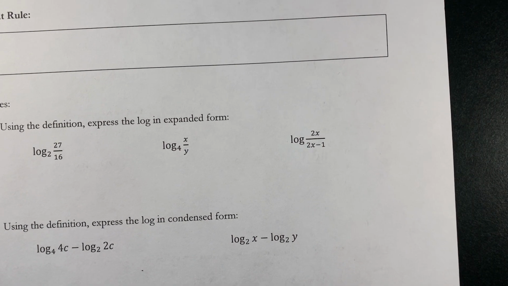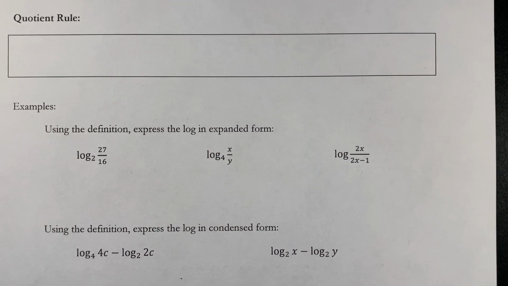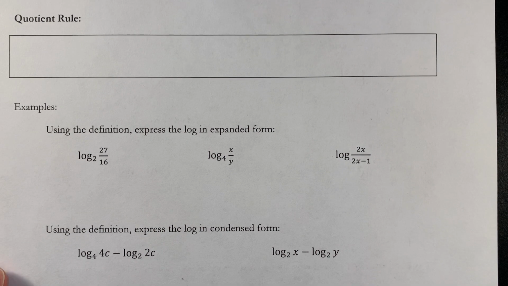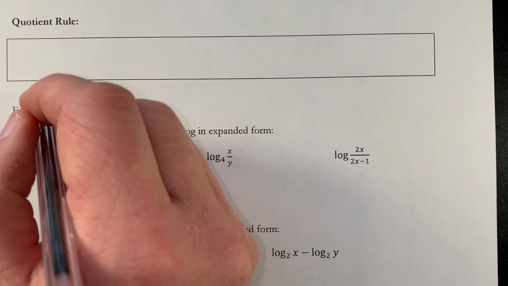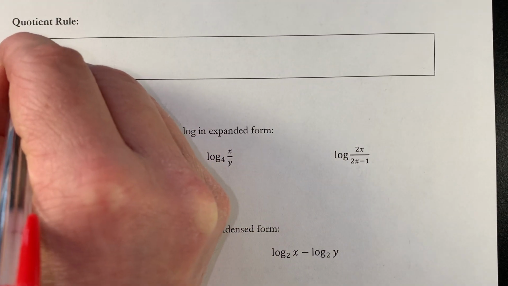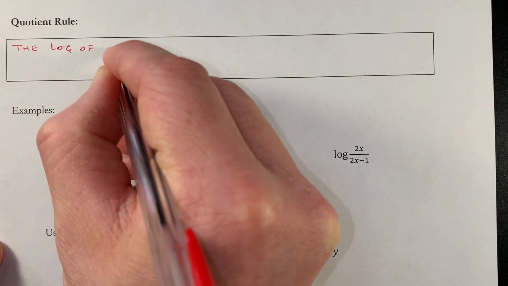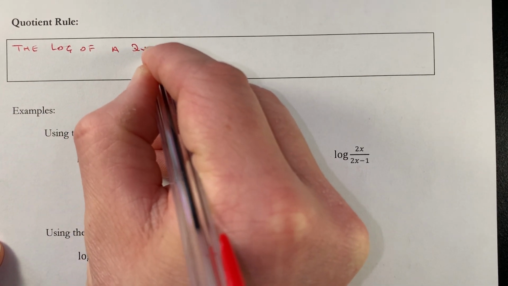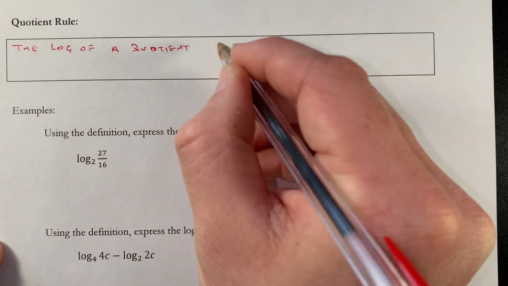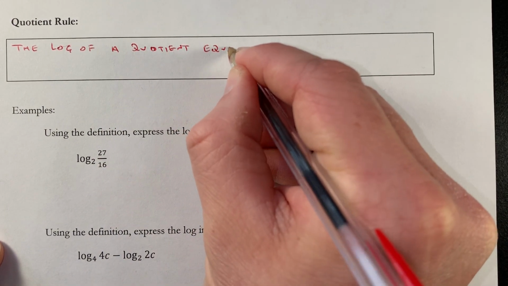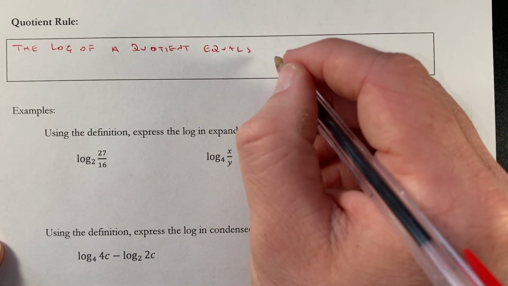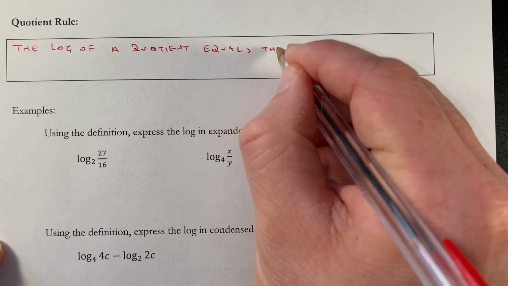Okay, our next rule is the quotient rule. For logarithms, the quotient rule says that the log of a quotient equals the difference of two logs.